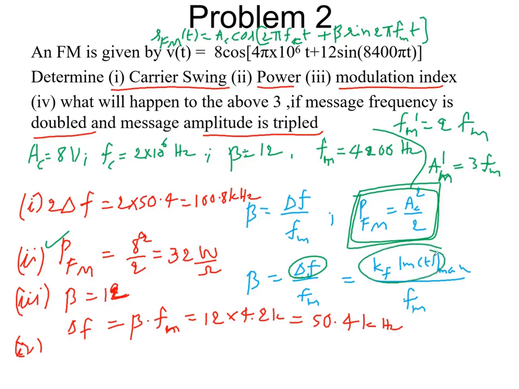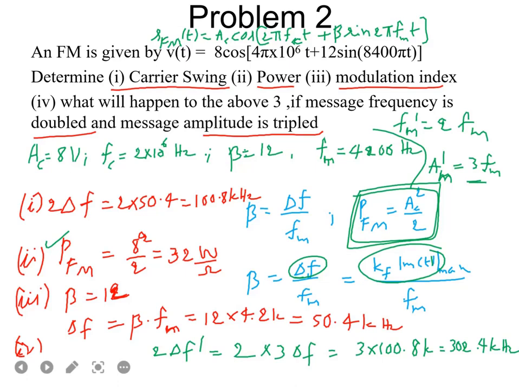That's why what will happen to your carrier swing? Your new carrier swing will become 2 times del f dash, and the message amplitude is going to increase how many times? 3 times. That is 2 times 3 times the old del f, which is 3 times your 100.8 kilohertz, which is 302.4 kilohertz. That is the new carrier swing.